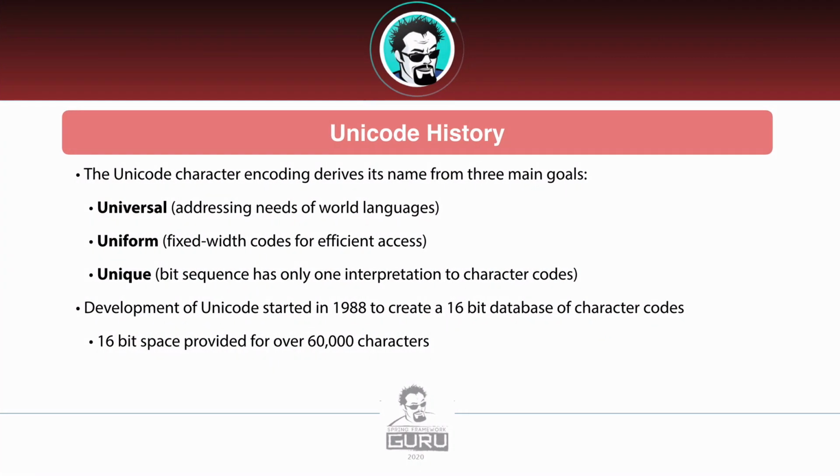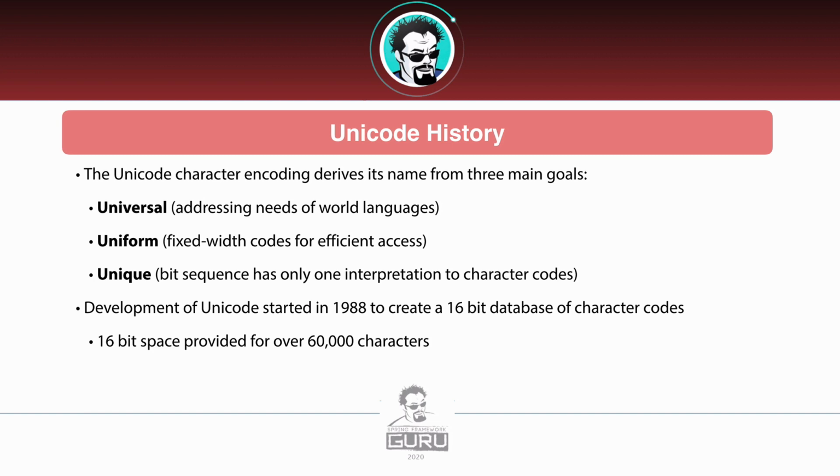Now, it started off with 3 main goals. The Unicode name is supposed to be for it being universal, addressing the needs of all the different world languages. So we've been looking at Latin languages such as English, where obviously I'm using English characters on the screen right now. But if we're talking about Chinese characters or Japanese characters or some of the Middle Eastern characters, quite different from what we see right now.